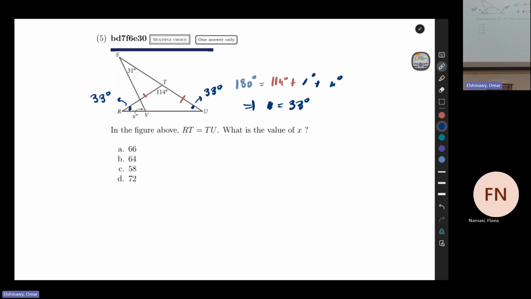There's a very clever angle that we can try to find now. STR, yes, so this one? But why would this be clever?